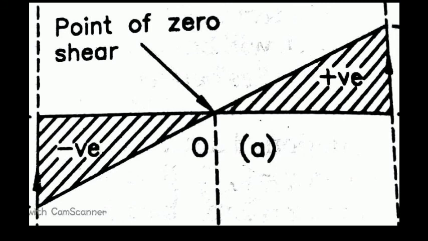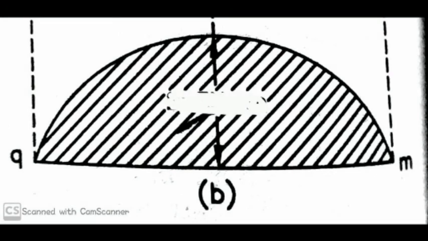Similarly, you can draw the BM diagram also. Now see the BM diagram. The BM at the two fixed points is equal to 0, as I have already told you, and the BM at the middle of the span is the maximum value, 125.